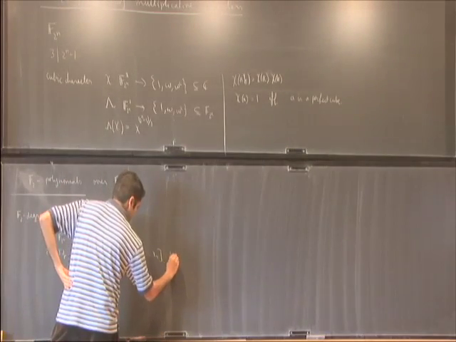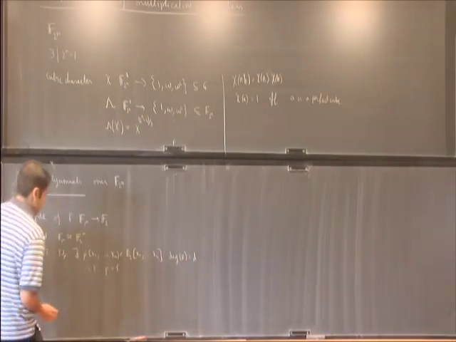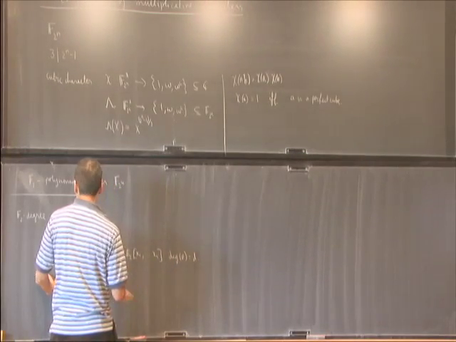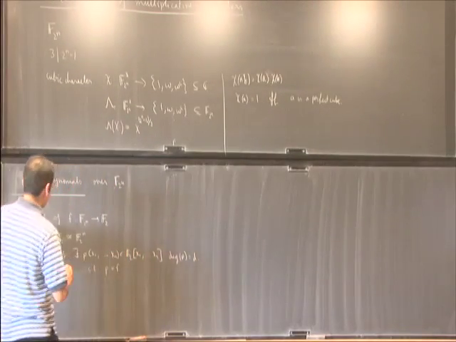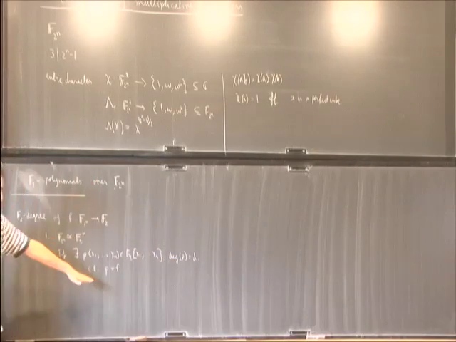So it's the smallest such d. The F_2 degree of f is the smallest d for which there exists a polynomial p of degree d such that p equals f.